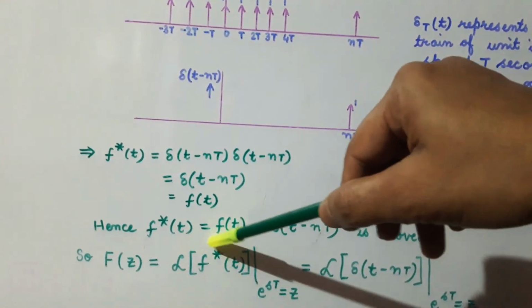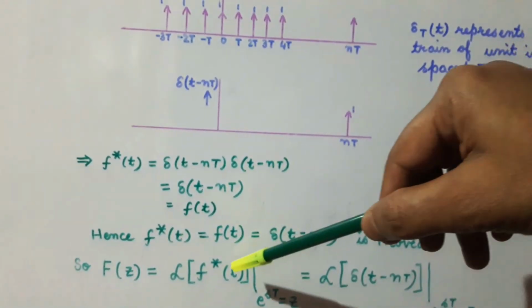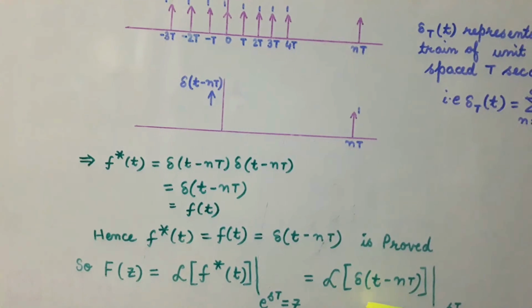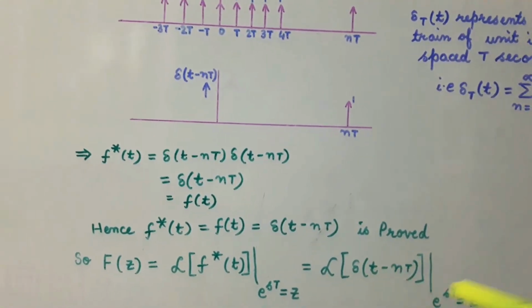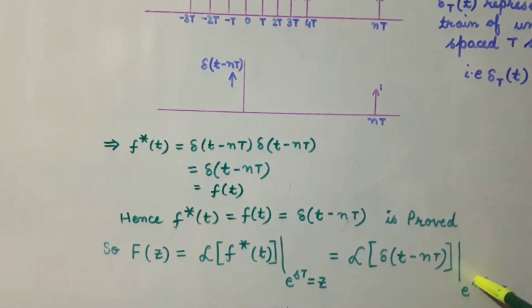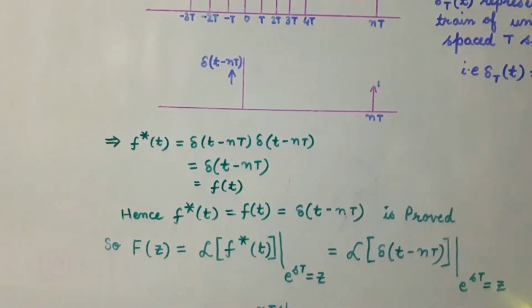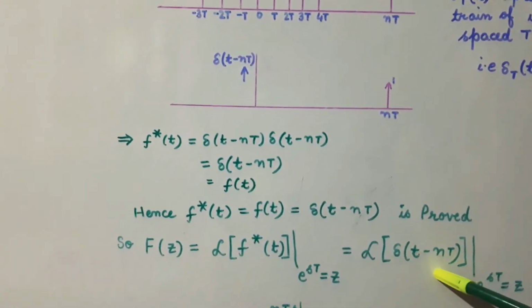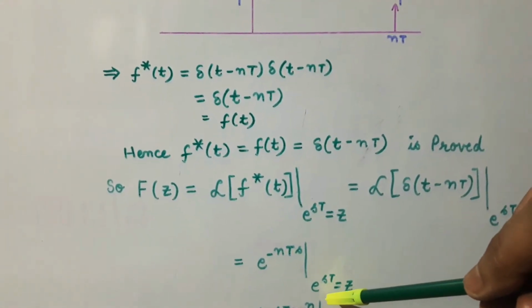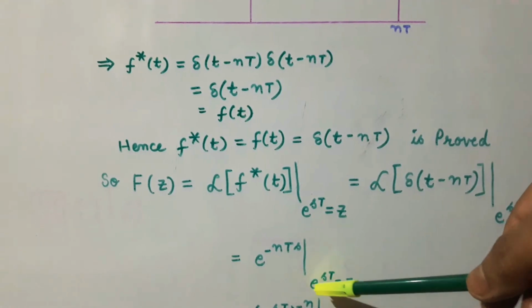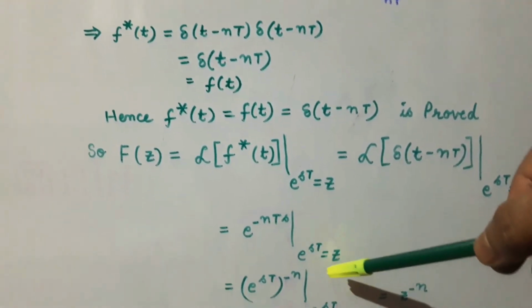Now we know that the Laplace transform of f*(t), that is delta(t - nT), will come out to be e^(-nTs) when the value of e^(sT) is equal to z.